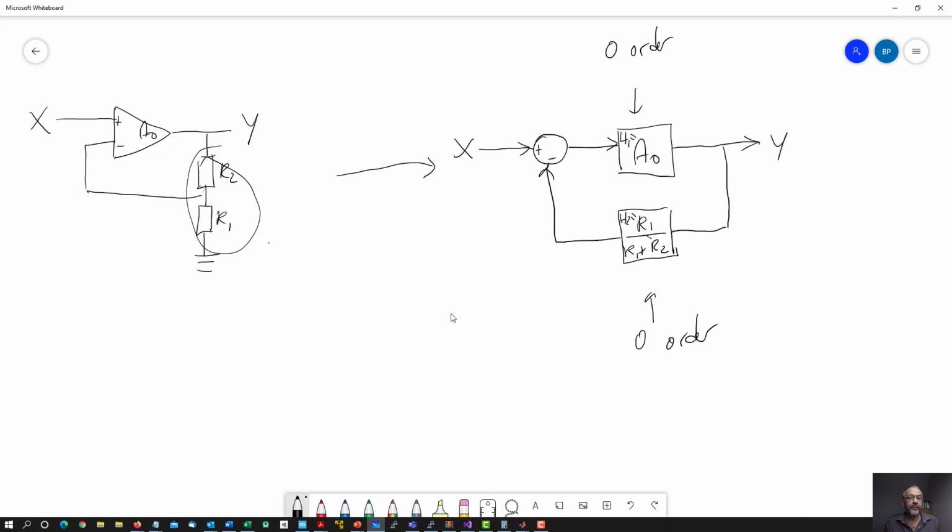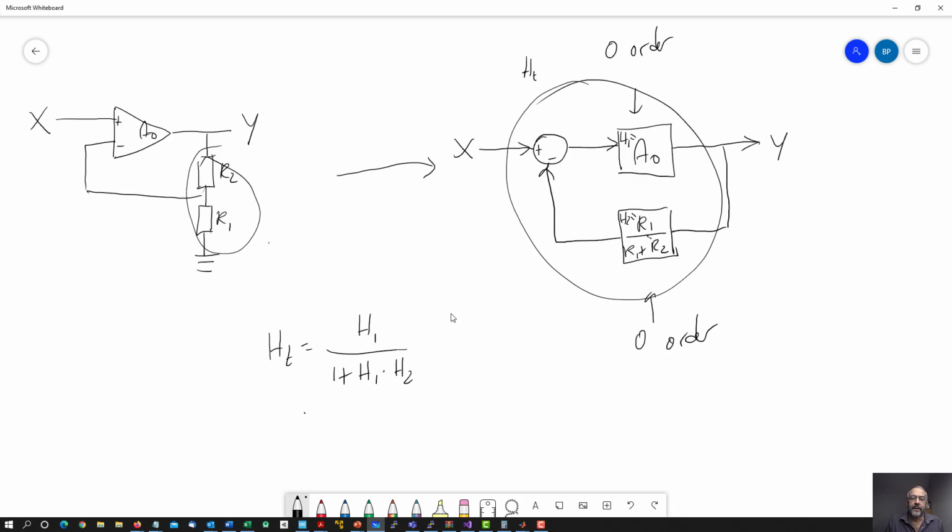So simply by using the loop reduction rule, we can calculate the transfer function of this whole system. So the H total, let's call it H total, is the loop reduction rule. Remember, that's H1 divided by 1 plus H1 times H2. We just saw that rule.